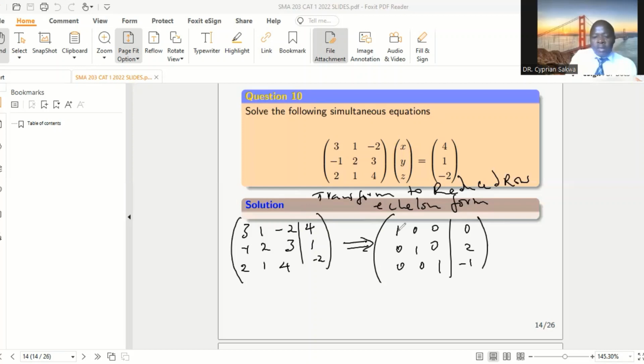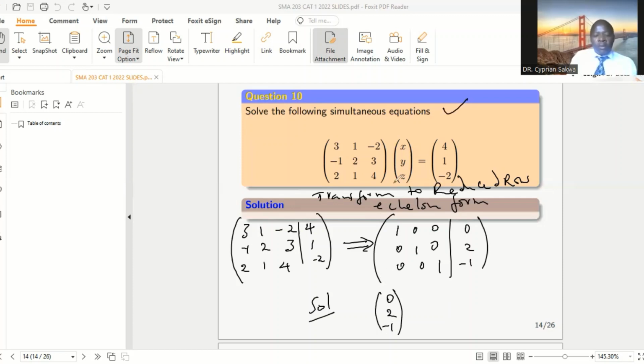So what this means is that x is 0, y is 2, and z is negative 1. So when you are solving, you're giving a solution. This system has one solution, and that solution is 0, 2, negative 1.